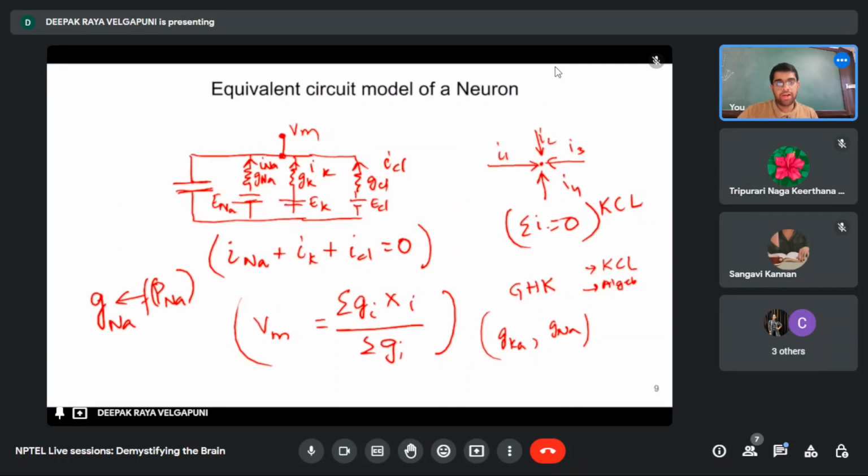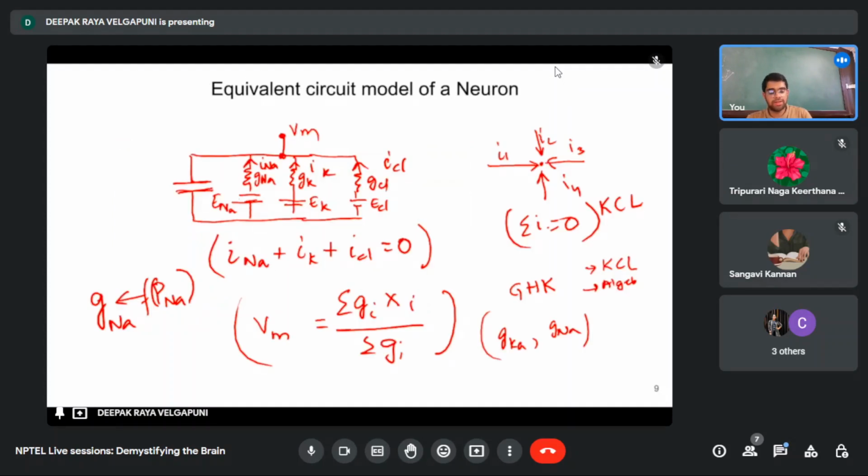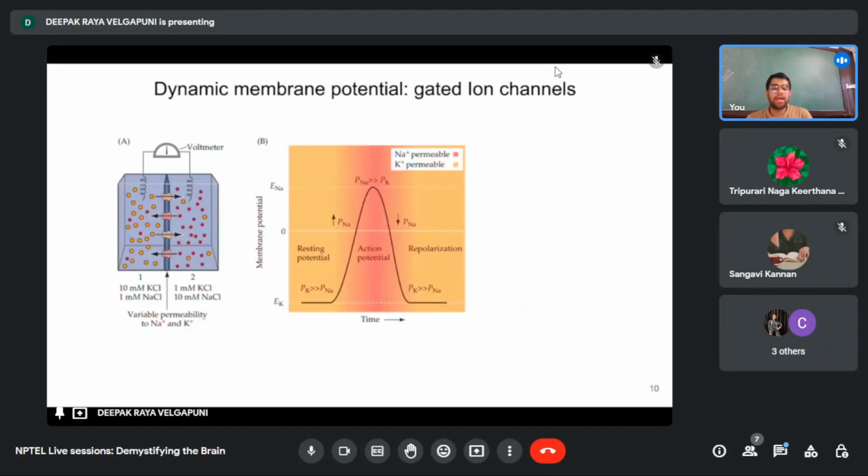Now we have dealt with the resting membrane potential. Let's see how the action potential is generated and then propagated. So the thing we have is these are open channels. Right now we dealt with only open channels. There are different types of ion channels. The main point here is that by changing the permeability of the membrane for different ions, you can actually play with the membrane voltage.